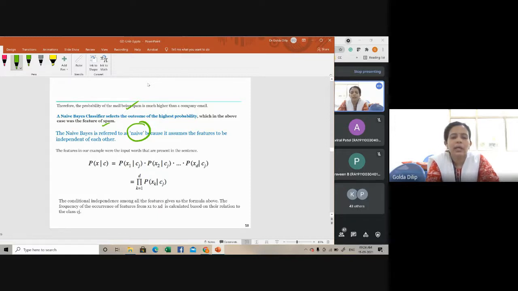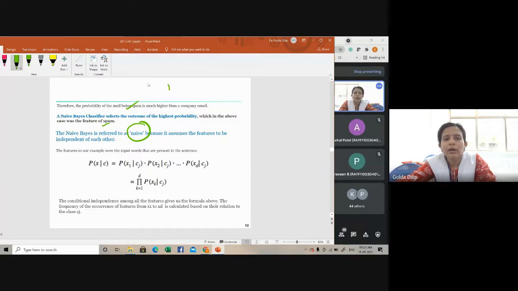Like if a fruit is identified on the basis of, let's say, shape, color, or taste, say it's red, spherical, sweet or slightly sour, then it is being recognized as an apple. What I want to tell is each feature individually contributes to identifying that it's an apple, without depending on each other. So that's why we call it naive.